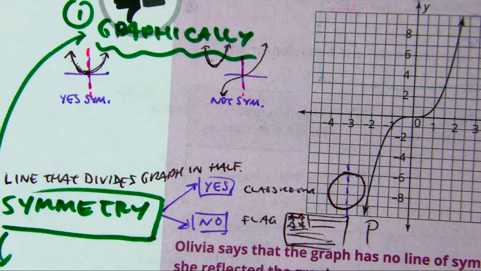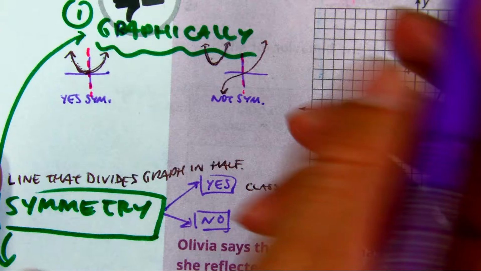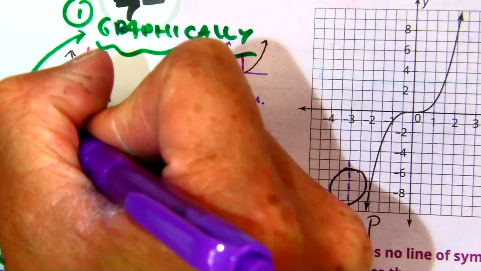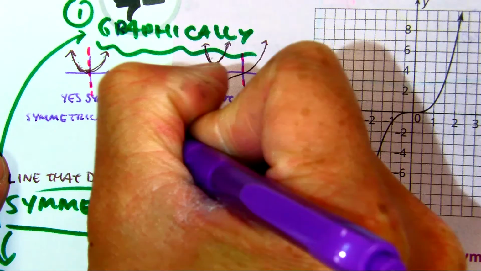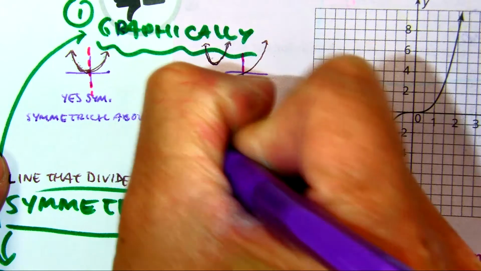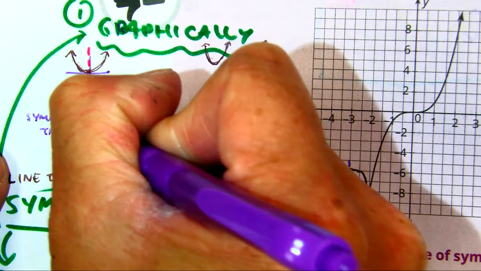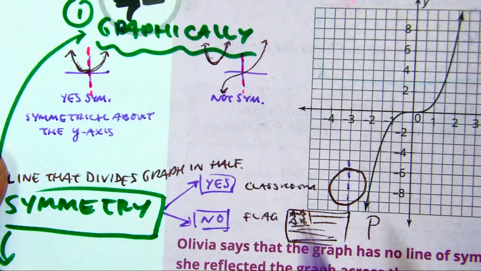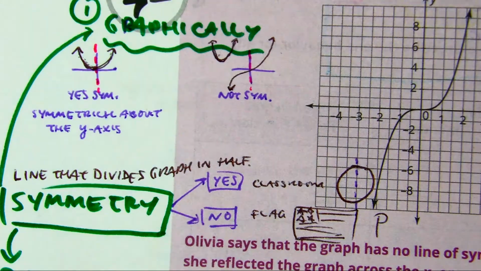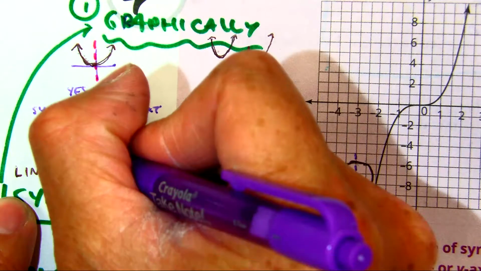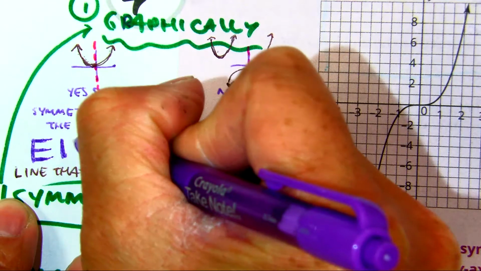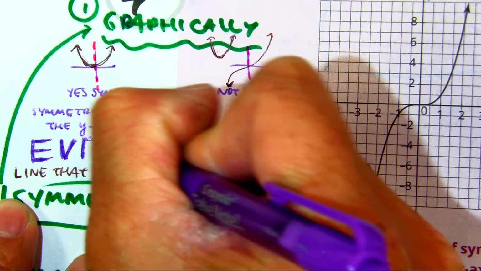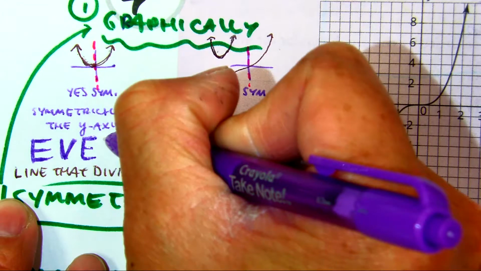Let's write that as our notes. If it is symmetrical about the y-axis, then this one is called even. And I have a silly phrase.